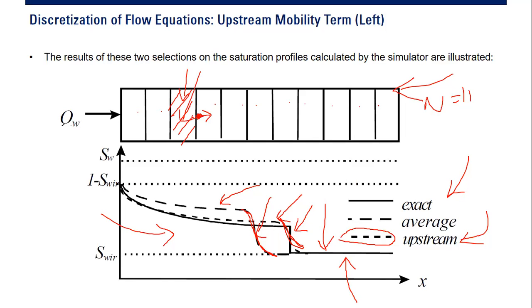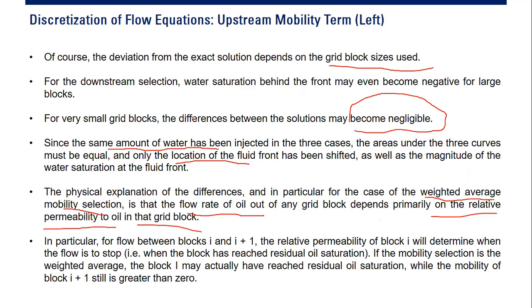Okay, so relative permeability is very, very important. In particular, for flow between blocks I and I+1, the relative permeability of block I will determine when the flow is to stop. It is when the block has reached residual oil saturation.